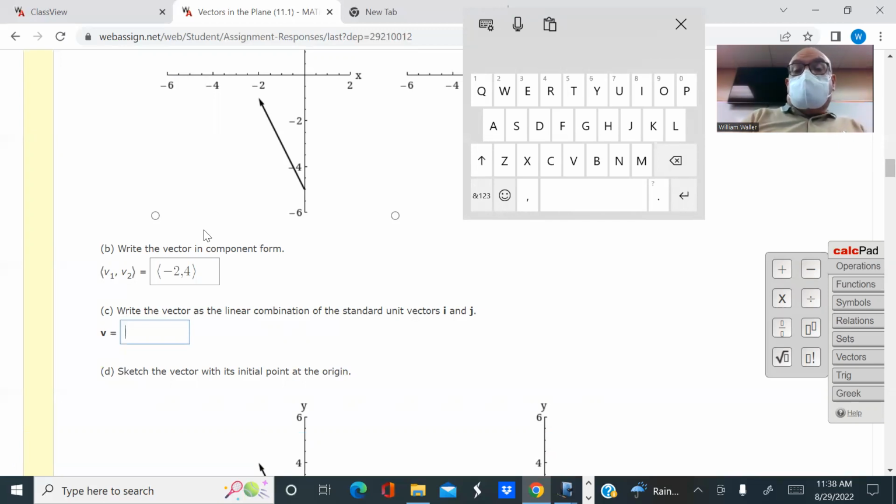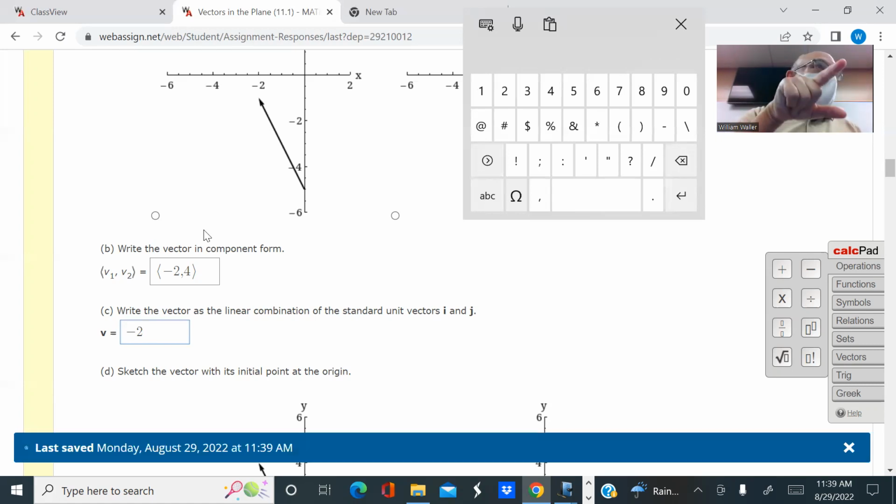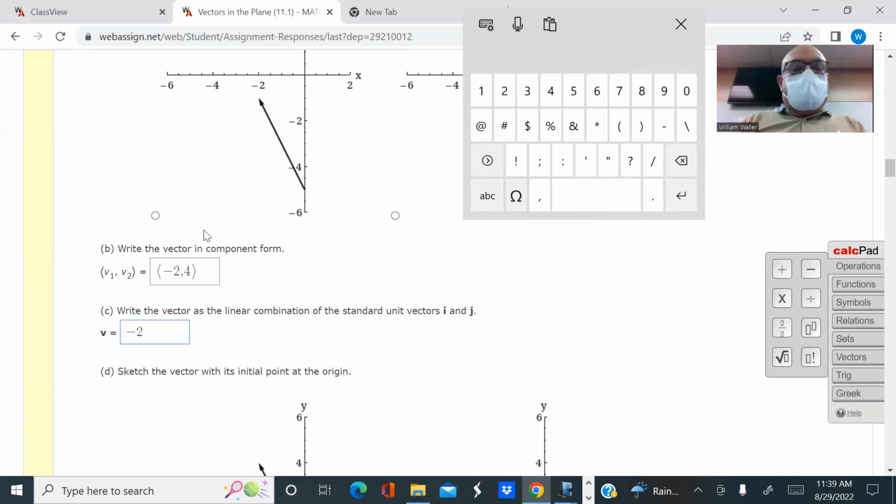So that linear combination is pretty obvious: it's -2 times i plus 4 times j. The problem is that the i on the keyboard is not the standard unit vector i, so you cannot use the i off the keyboard.